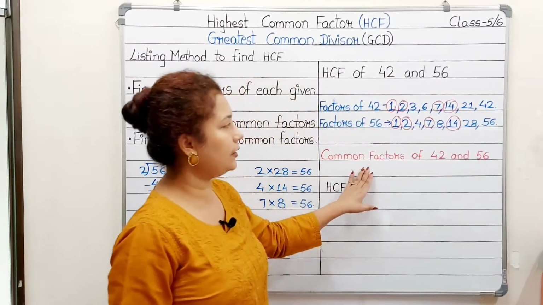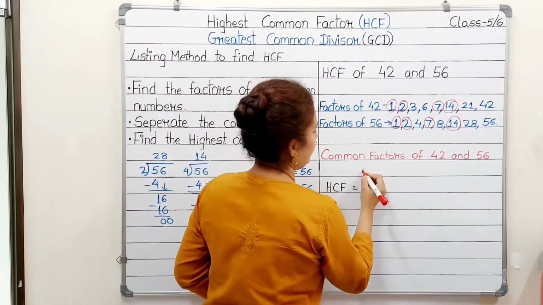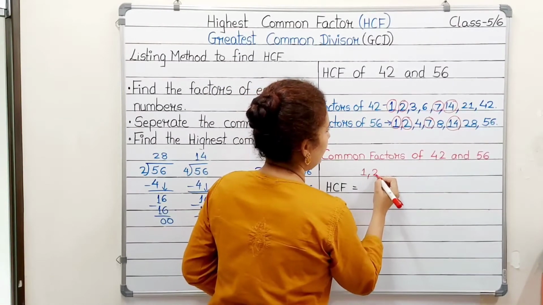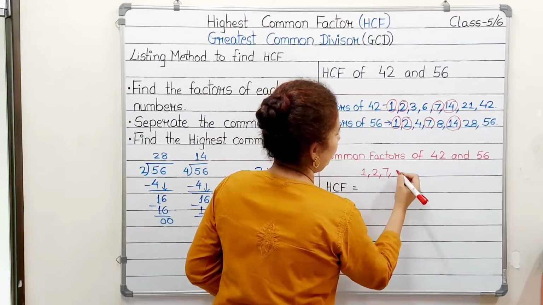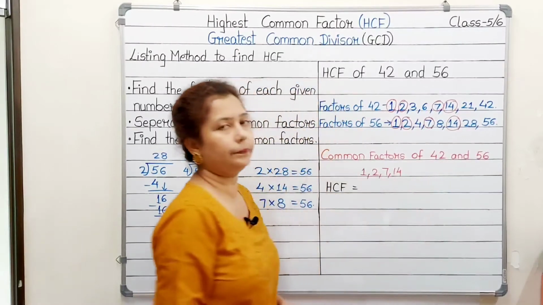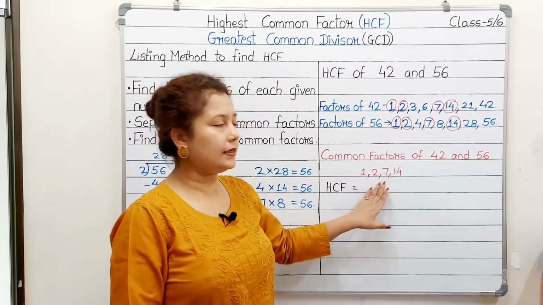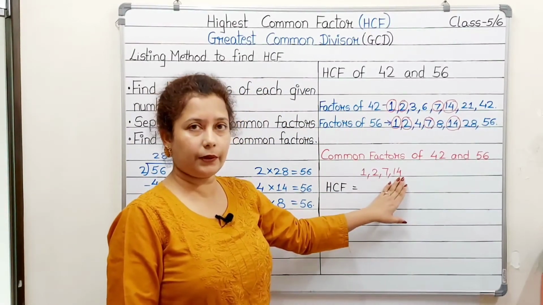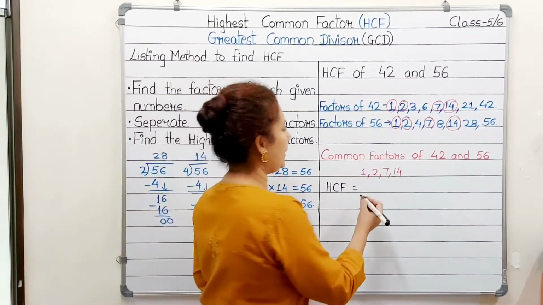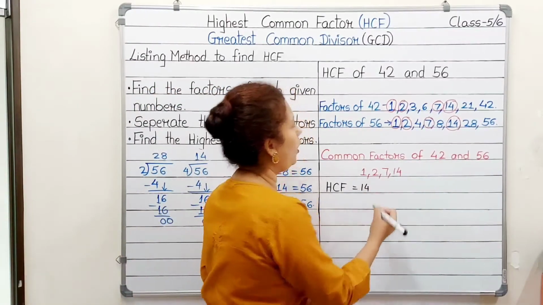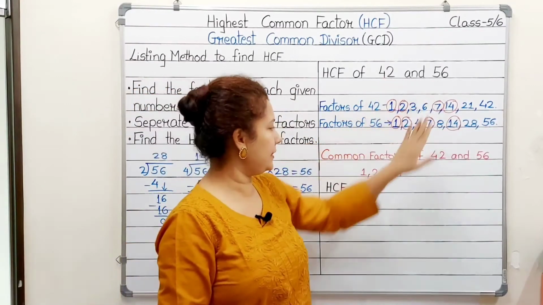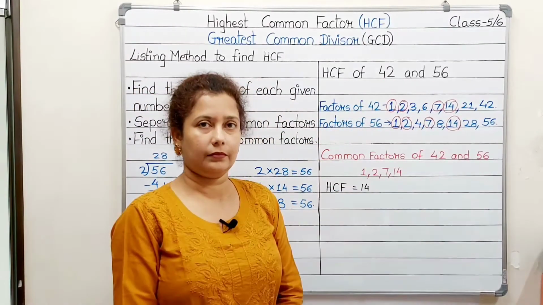So the common factors of 42 and 56 are 1, 2, 7 and 14. In this list, the highest factor is 14. So the highest common factor or HCF of 42 and 56 is 14.